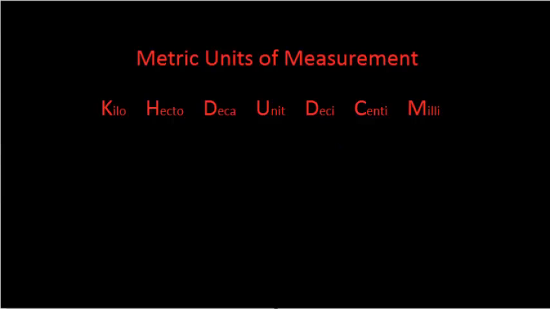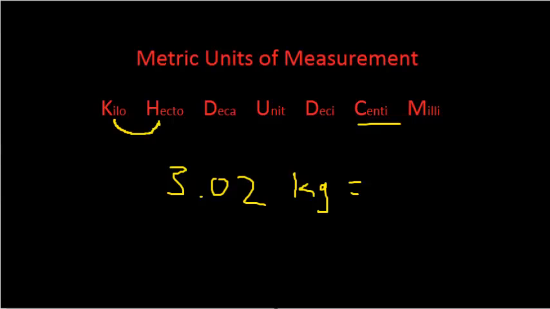Let's say now I want to convert 3.02 kilograms into centigrams. So I start at my kilo, go 1, 2, 3, 4, 5 down to my centi.